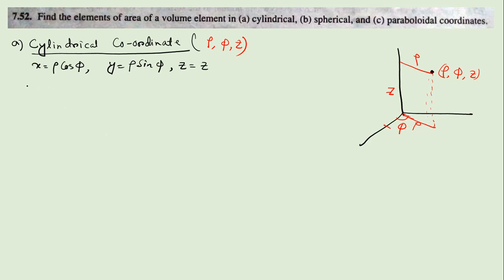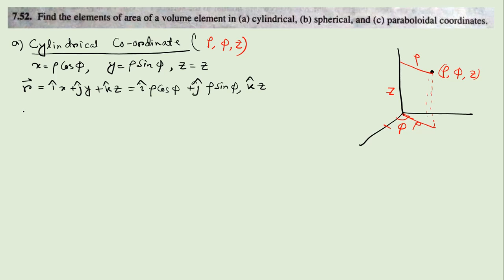Rho, phi, z. So r vector will be i cap x plus j cap y plus k cap z, right? So i cap x is rho cos phi, and j cap y is rho sin phi, and k cap z is the z, right?